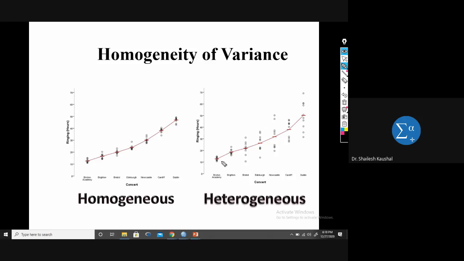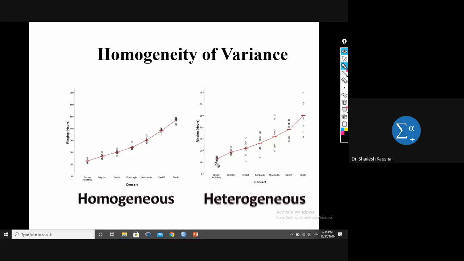In the case of heterogeneous data, the range is not the same. When the range across the groups is the same or constant, then data is homogeneous. Here the range is more.